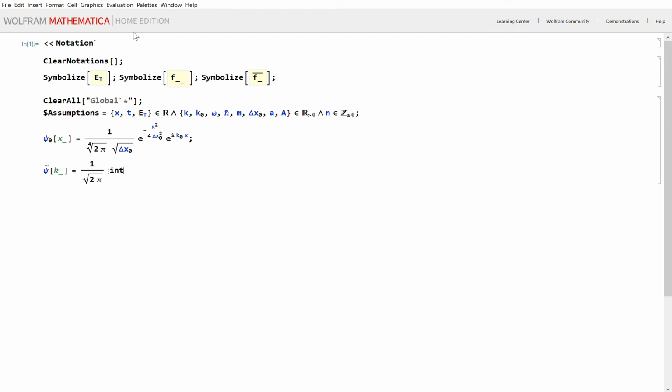Let's get an integral with infinite boundaries. There we go. Let's get our wave function. Yep, looking good. And let's multiply that by e to the i k x. Let's do that, with respect to x, that's going to be what we need.